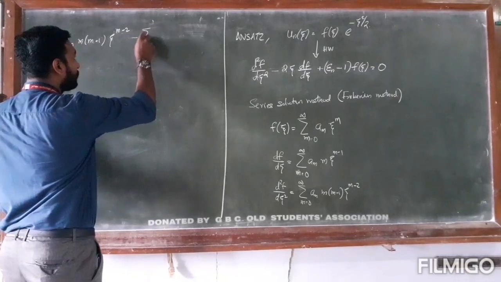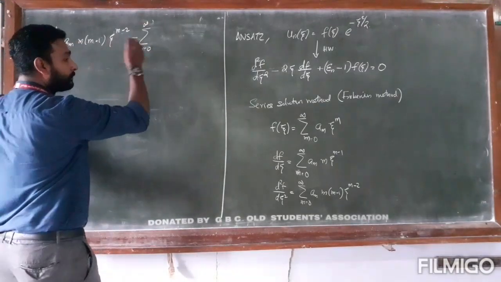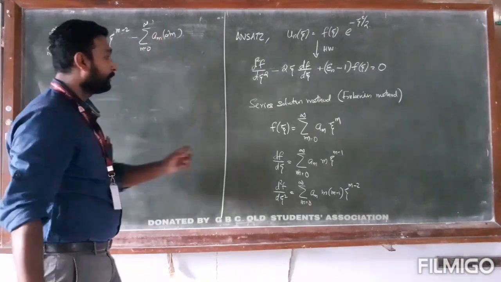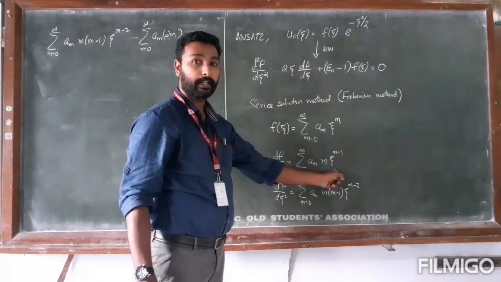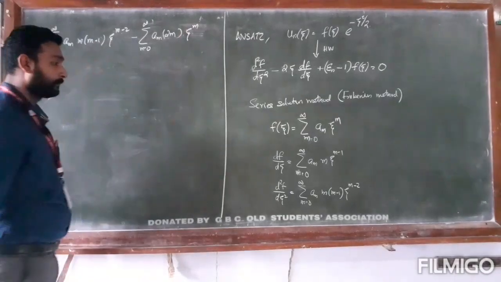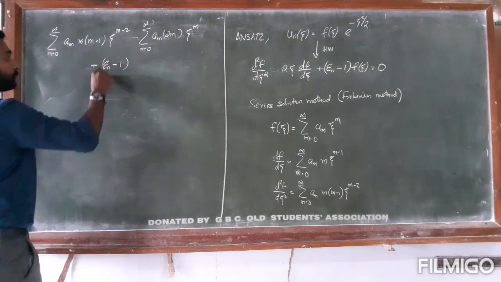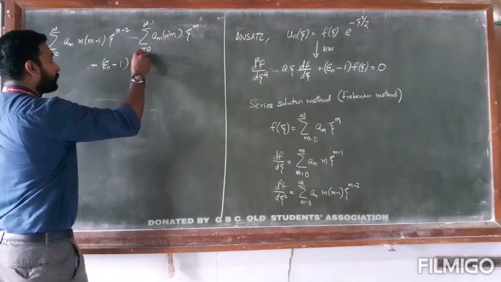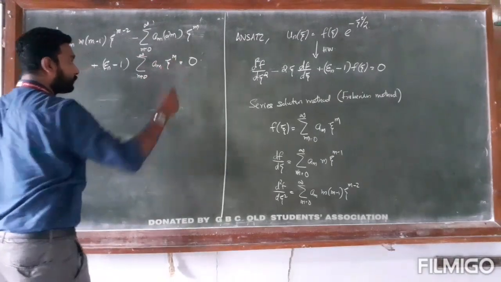So df by d theta is the sum of a_m m theta raised to m minus 1, and theta times that gives theta raised to m, plus the last term, epsilon n minus 1, sum over m equal to 0 to infinity of a_m theta raised to m, equal to 0.